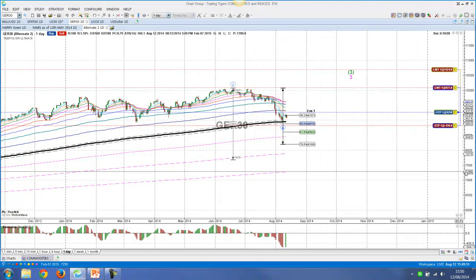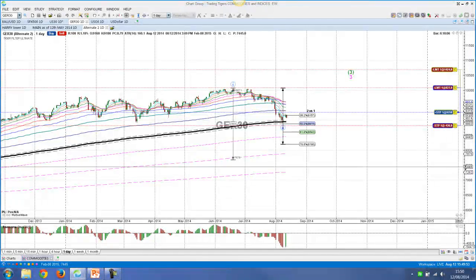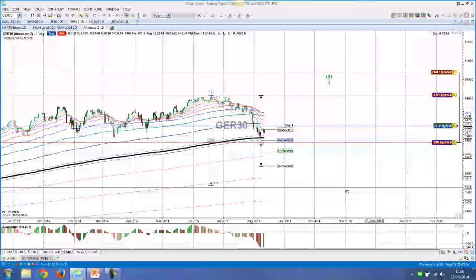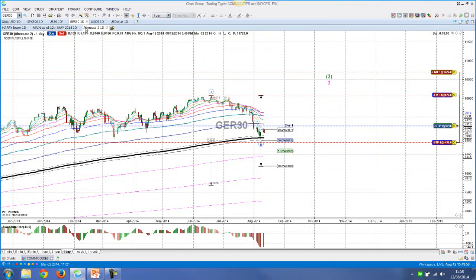That's right, traders. This is the alternative count which I'm talking to you about right now.